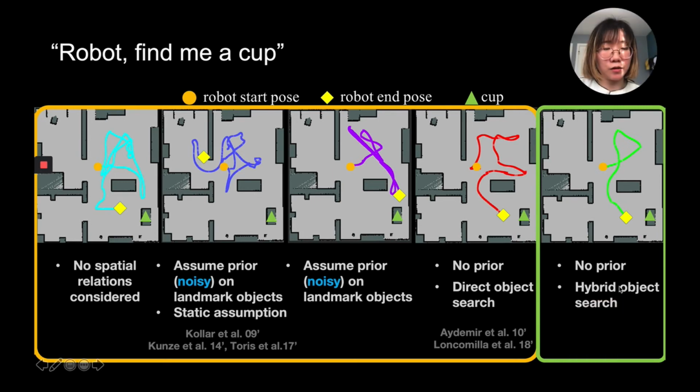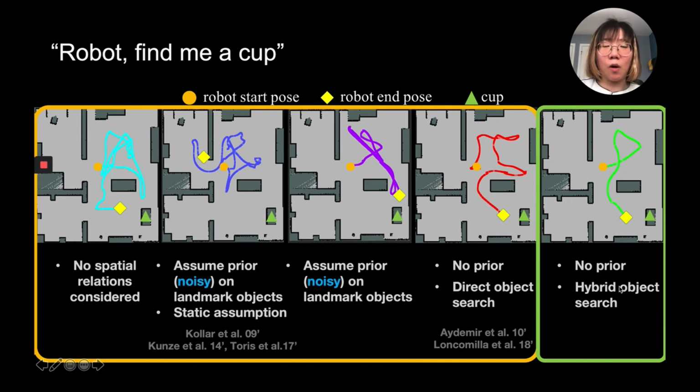In contrast to these existing methods, our work does not assume any prior knowledge of landmark objects, and our work also encourages the robot to explore promising regions that can contain the target object, but also regions that can contain the landmark objects. And as we can see qualitatively, the search path resulting from our method is much more effective than the search path resulting from the existing methods.